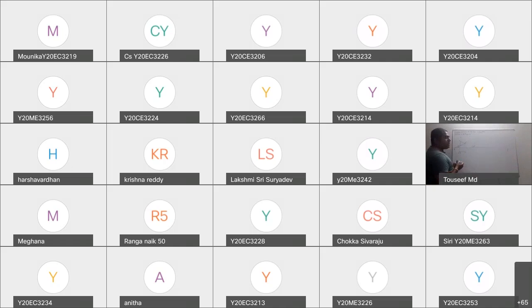my pentagonal plane surface is inclined. Let us see. So points are A dash, B dash, C dash, D dash, and E dash. Okay.